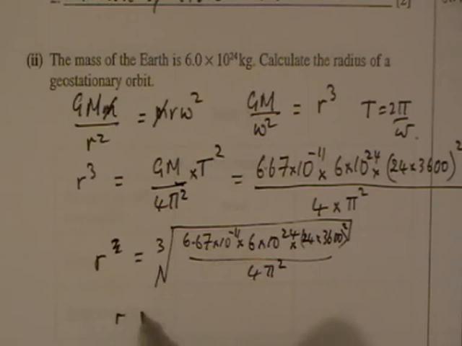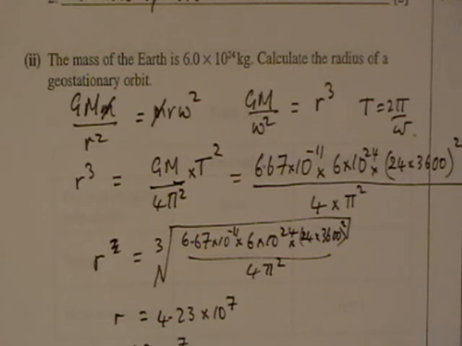And that gives a value for the radius equal to 4.23 times 10 to the power of 7. So 4.23 times 10 to the 7 meters is the radius of that orbit.